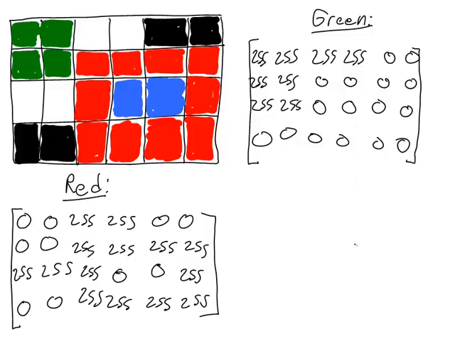Now let's look at the blue image. Here, only the blue pixels and the white pixels will give a high value. The red and the green and the black pixels will give a low value.